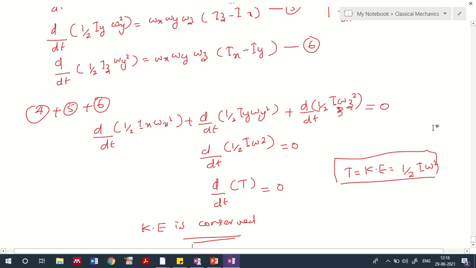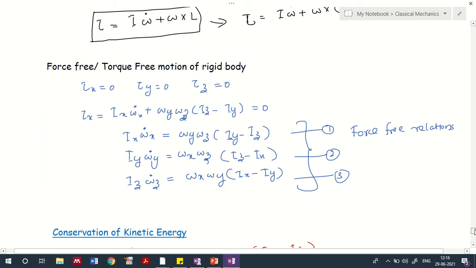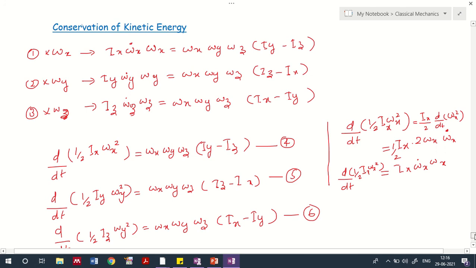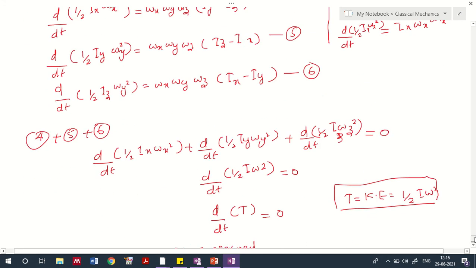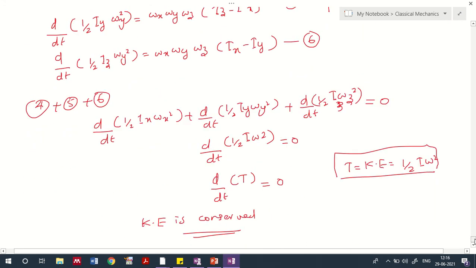So what we have done here: we started with the force free equation and multiplied with omega x, omega y and omega z, followed by which we represented the equation in terms of d by dt of half Ix omega x square, then we added that together, and finally ended up with d by dt of half I omega square, that is d by dt of T. T is kinetic energy, half I omega square.